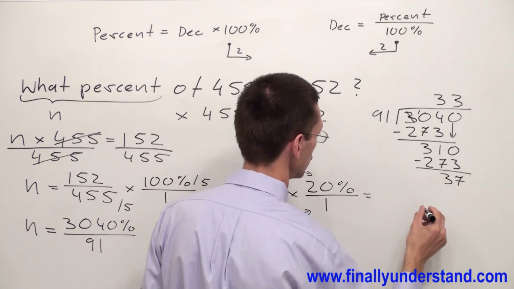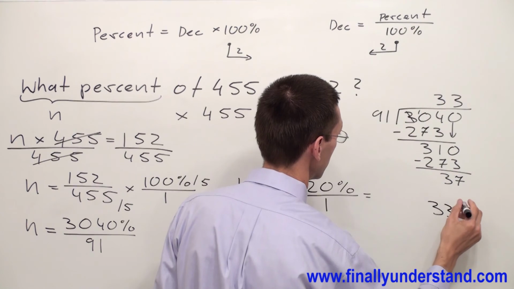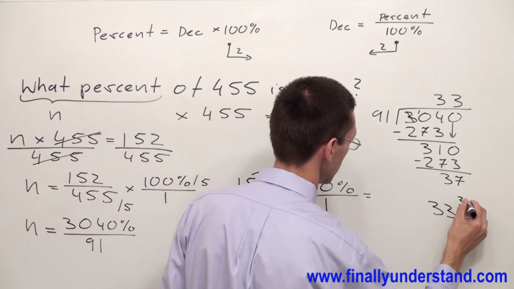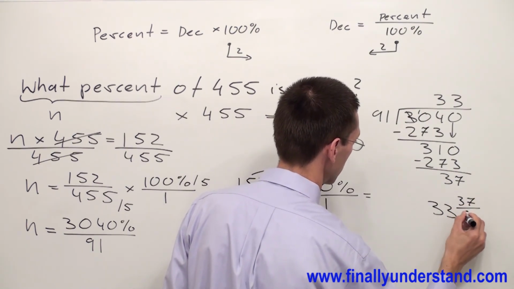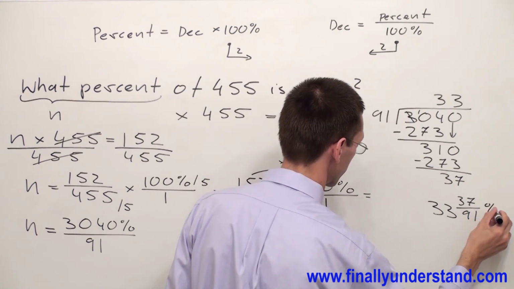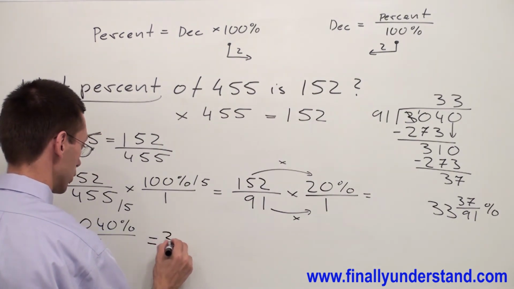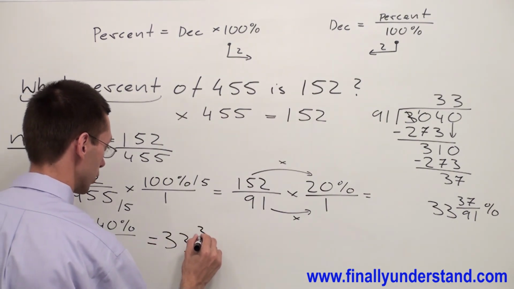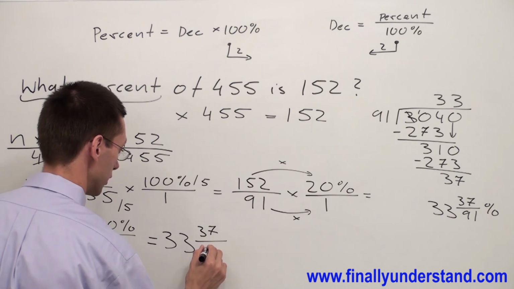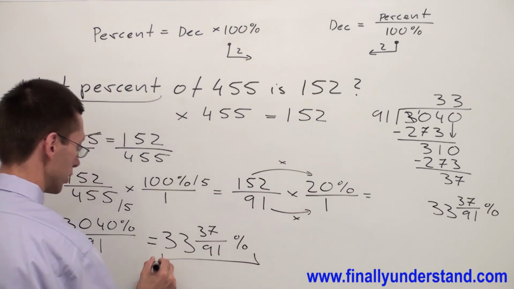My answer is going to be equal to 33 and 37 over 91%. Okay, so this is equal to 33 and 37 over 91%. This is the solution to my problem.